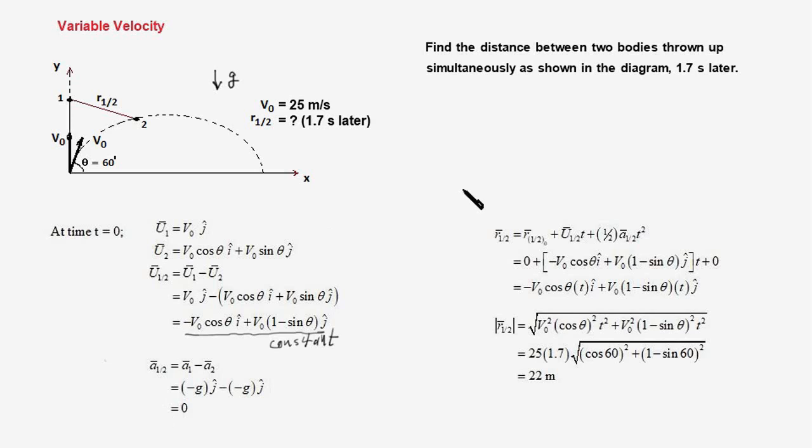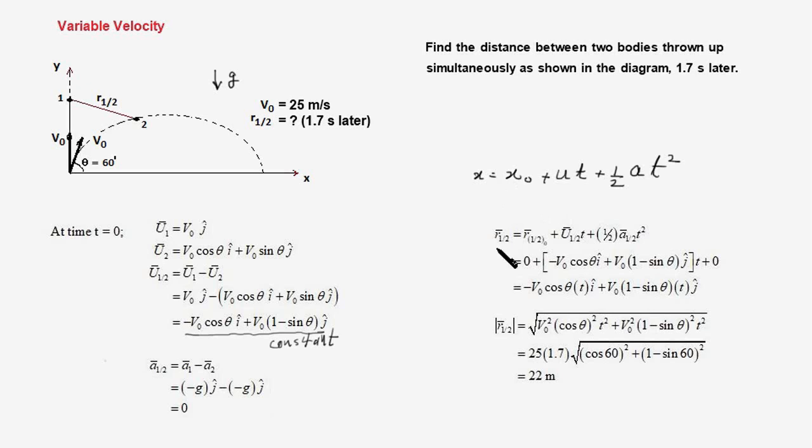When an object moves in a straight line with a uniform acceleration, you know that the position x at time t is equal to its position with respect to origin at t is equal to 0 plus the initial velocity times t plus half acceleration a t square. You are familiar with this equation of motion. A similar equation applies for relative displacement also.